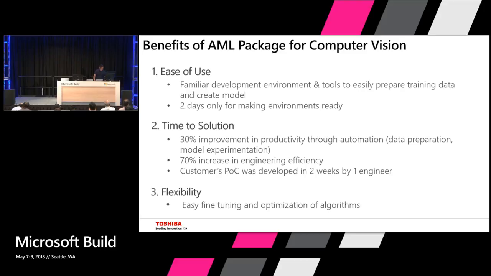It was done using the out-of-box capability of the Azure Machine Learning Package for computer vision. The core team of this project only has one data scientist and one software engineer. This enables us to reduce the time to solution, streamline our resources, and most importantly, focus on the customer's data from the very beginning of this project.